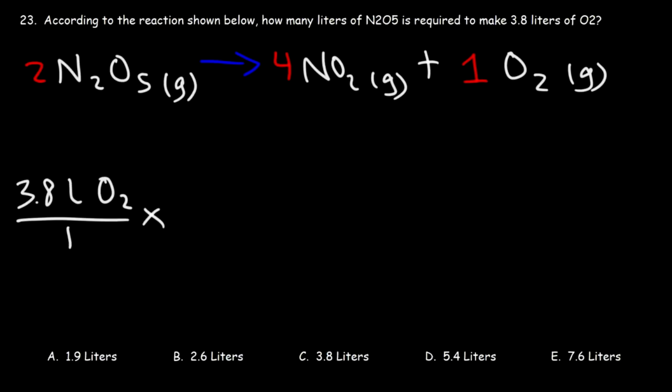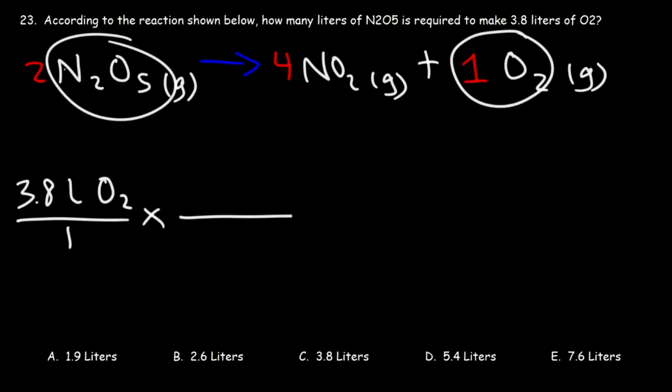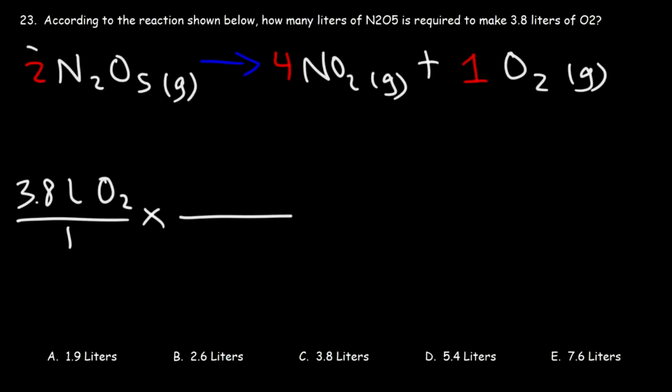Now the chemical equation is already balanced, so we don't need to worry about that. So let's use the coefficients. Now, we're trying to go from O2 to N2O5. So the coefficients are 2 to 1. So what this tells us is that for every 1 liter of O2 that's produced in a reaction, 2 liters of N2O5 must be consumed.